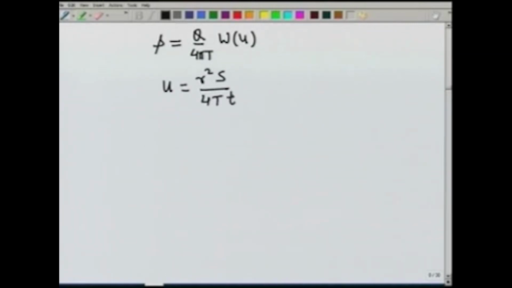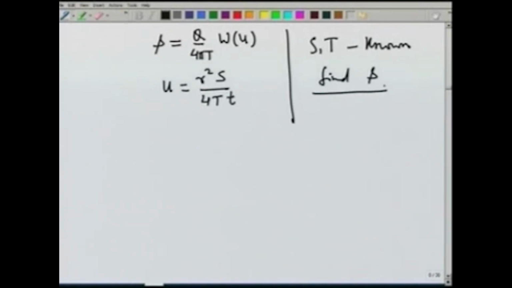If you look at the equation for s and u, one thing which is clear is that if S and T are known and we want to find out the drawdown, there is no problem, because for any given S and T and knowing the distance of the observation, u can be computed.